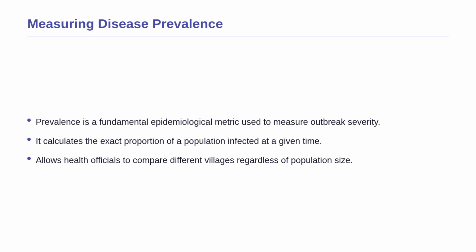Prevalence is a fundamental epidemiological metric used to measure the exact proportion of a population that has a specific disease at a given time. By standardizing the infection data into a percentage, officials can compare the severity of outbreaks across different villages, regardless of their population size. This metric is absolutely crucial for deciding where to allocate limited medical resources, like mass drug administration.